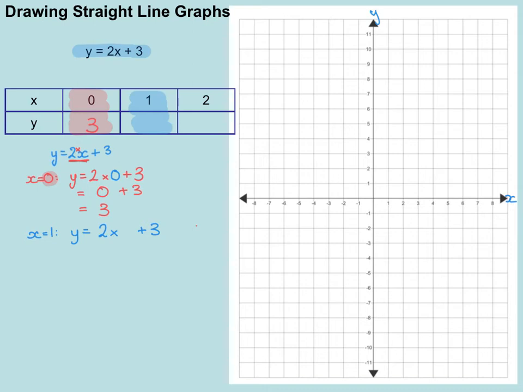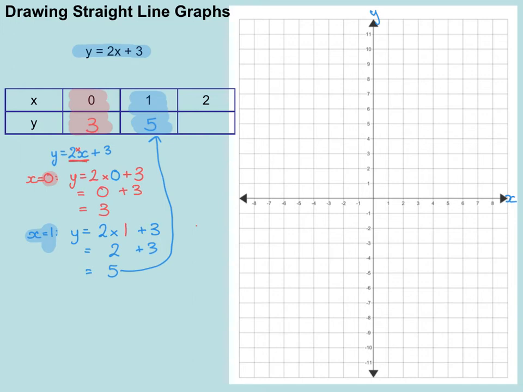In this case, our x is worth 1. So we pop that into our equation there, and we go 2 times 1 is 2, and we've still got to add the 3 on. 2 add 3 makes 5.